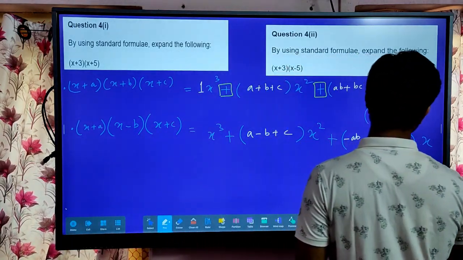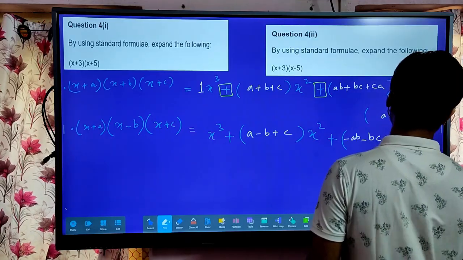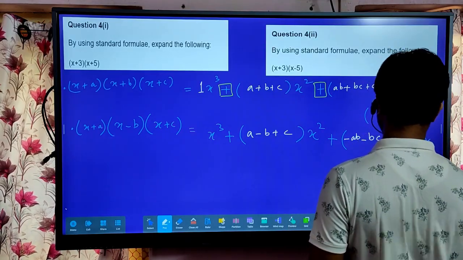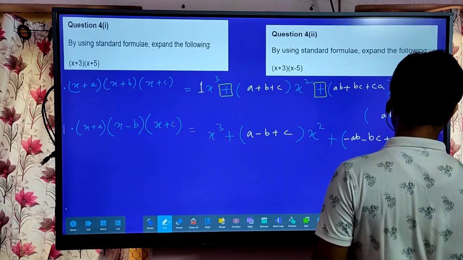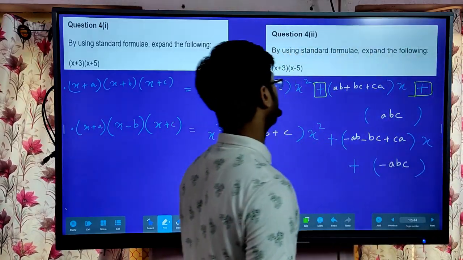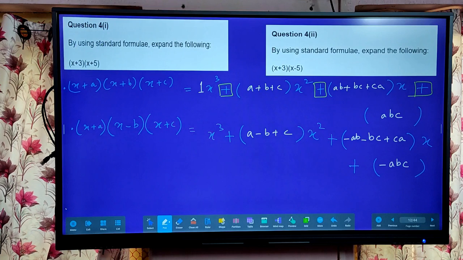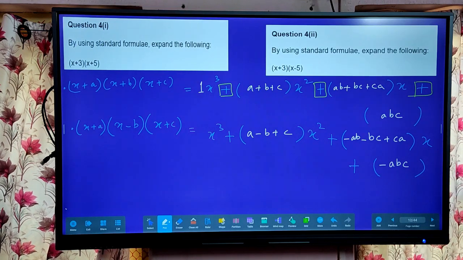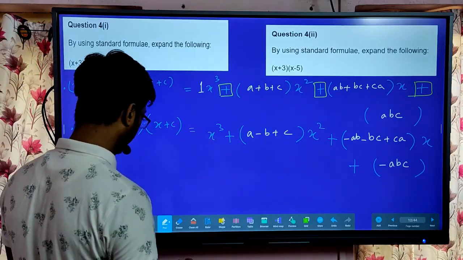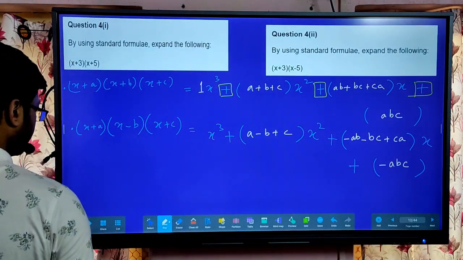So it will be minus ABC. Please note it down. Now you can see another form.